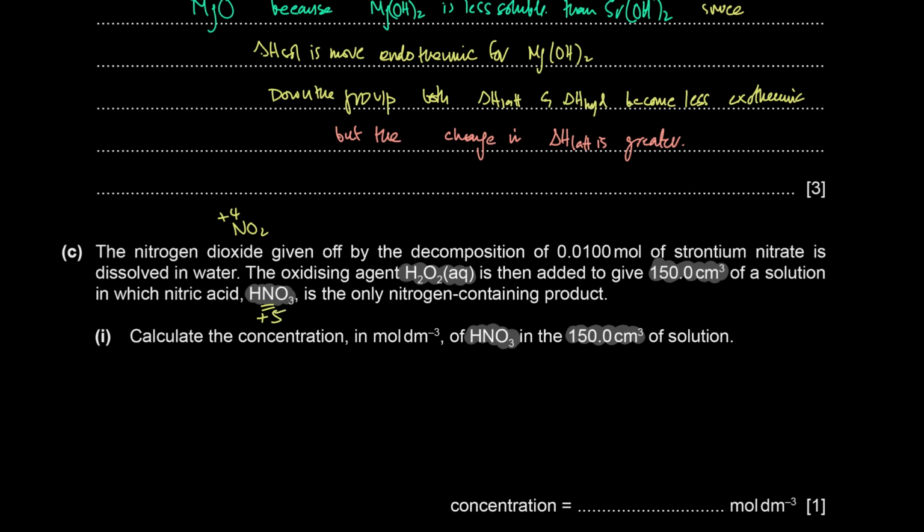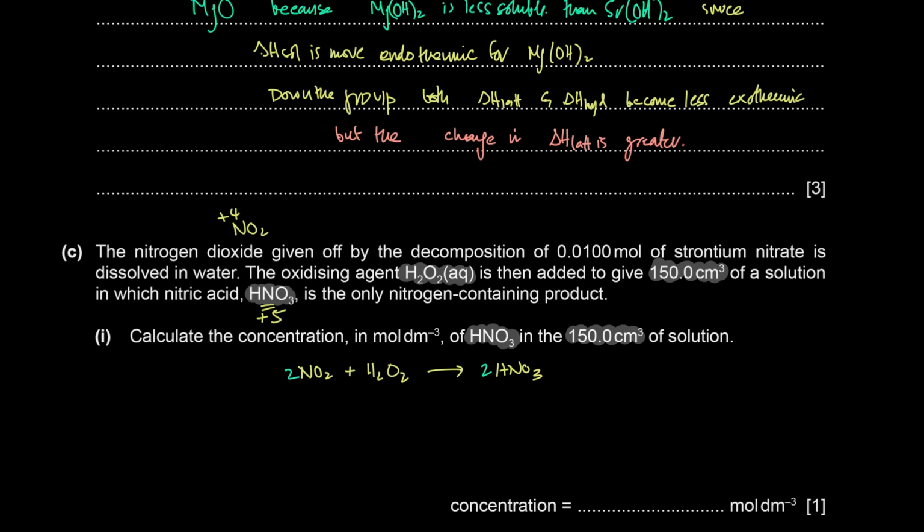Now rather than writing an equation, the simplest way to do it is simply to say, what we have is NO2 plus H2O2 to form HNO3. And what we have over here is just 2 moles of HNO3, and we have 2 NO2 over here.